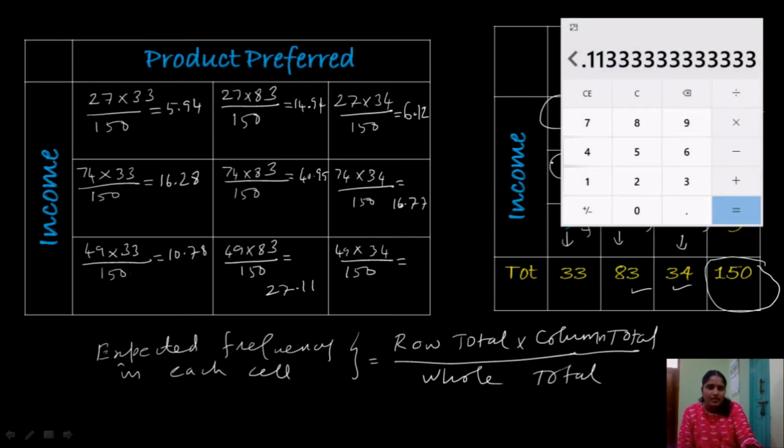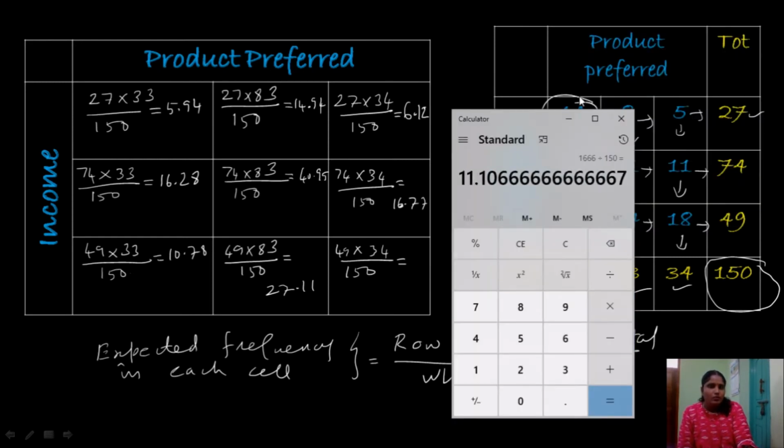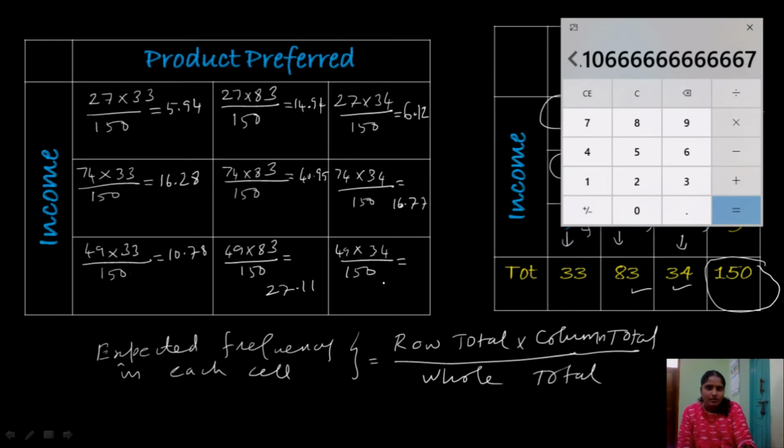And for the last one, 49 multiplied with 34 and divide this by 150, you get 11.1066, so 11.11. So we have calculated the expected frequencies.